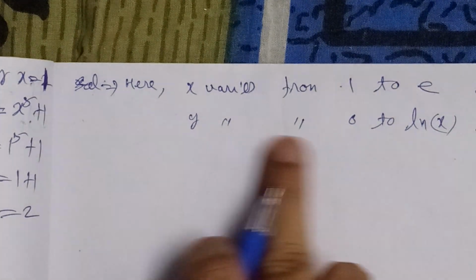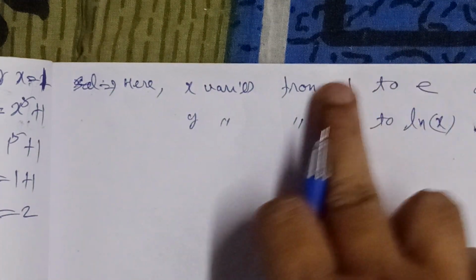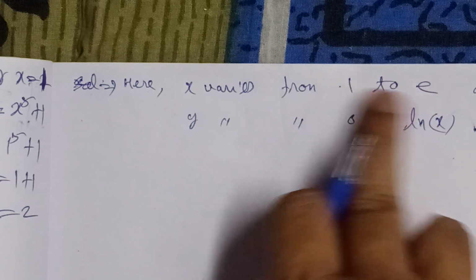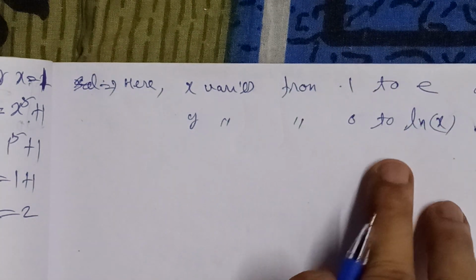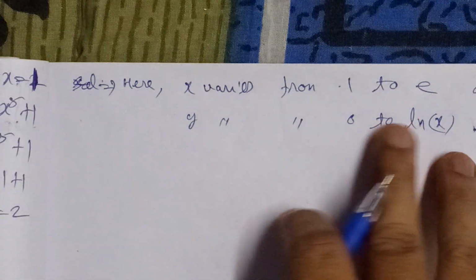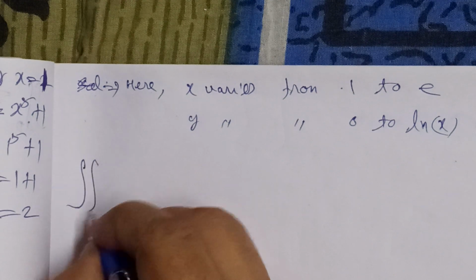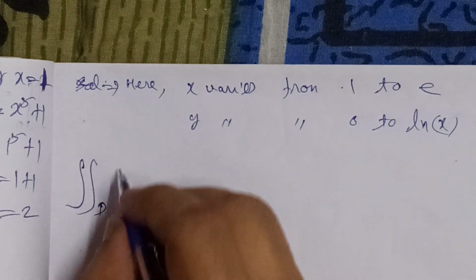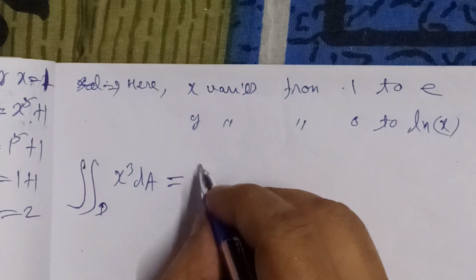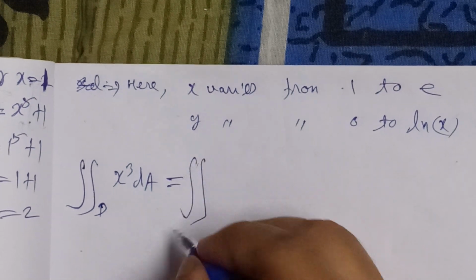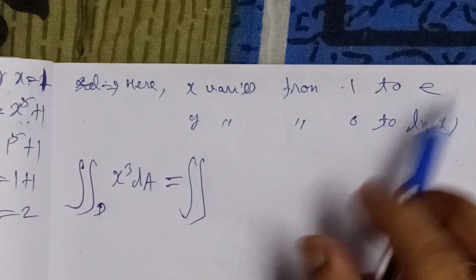Here the limit of y is variable, whereas the limit of x is constant, so we should write the limits of y first, and we can find the double integration of x cubed dA without any graph, because the limits are clearly given.